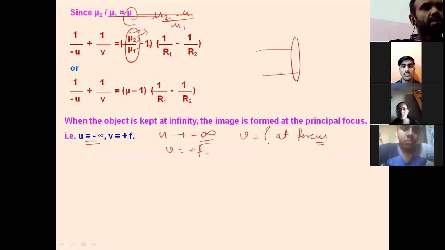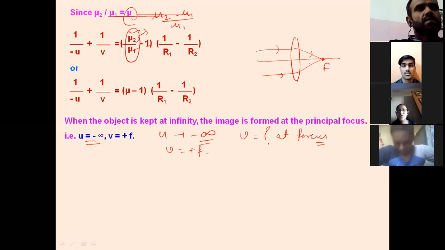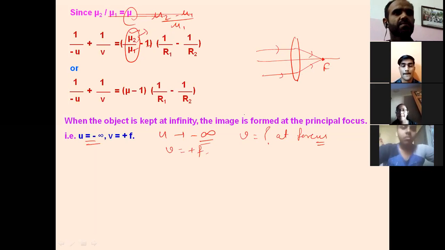The light rays coming parallel from infinity, they will get collected at focus after refraction. पढ़ा है? Okay, so we will put these two values.